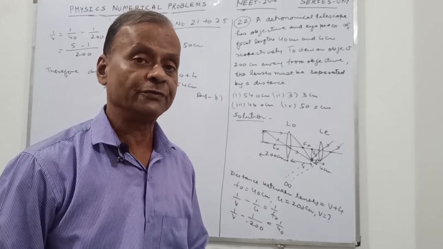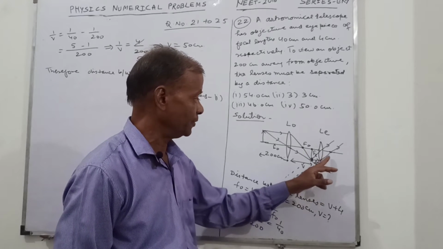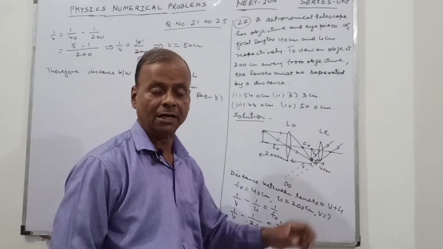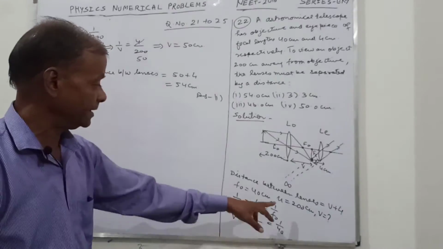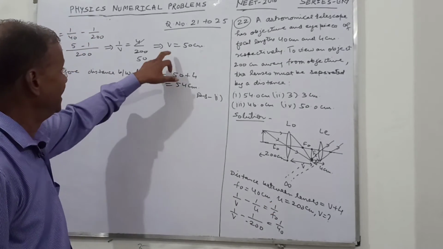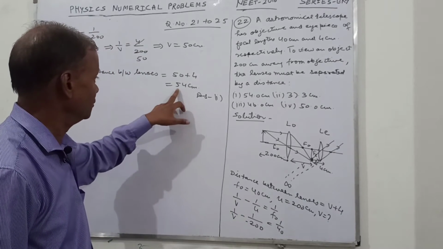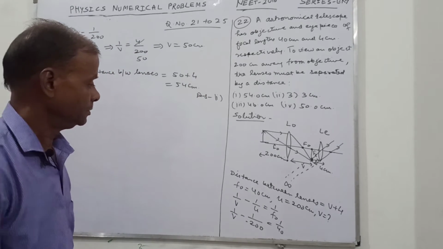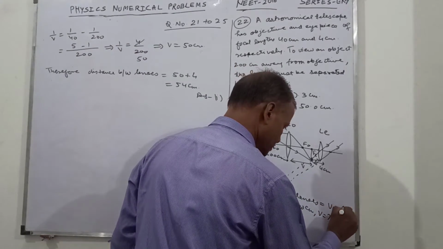This is only possible when this image is at the focus of the eyepiece. So then you just add this V with the focal length of this lens. So this is now 54 centimeter.